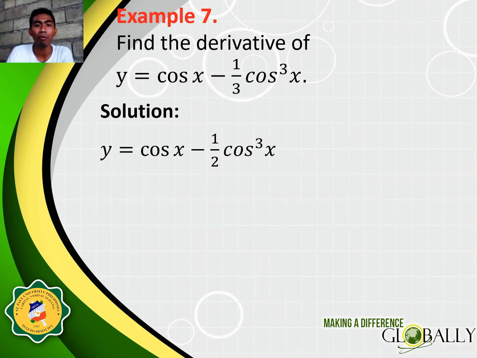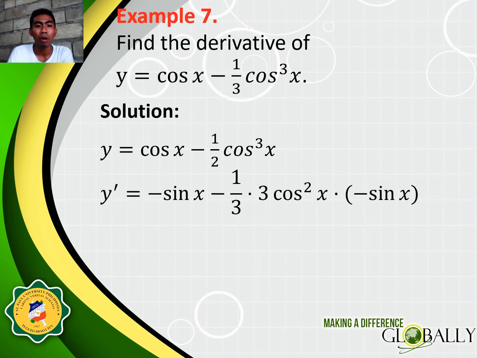Find the derivative of y equals cosine x minus 1 over 3 cosine cube x. Applying the power rule and the chain rule, we get y prime equals the derivative of cosine x, that is negative sine x, minus 1 over 3 times the derivative of cosine cube x, that is 3 cosine square x, times the derivative of cosine x, that is negative sine x.